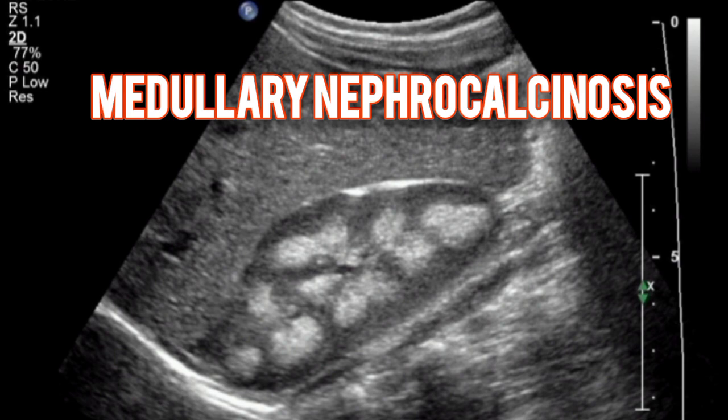The hyperechogenic region may be seen throughout the entire renal pyramid, or they may be seen only at the periphery of the pyramid or even at the tips. With time, further calcium deposit and stone formation will occur. Posterior acoustic shadowing is not associated with medullary nephrocalcinosis unless there is a concurrent stone formation.